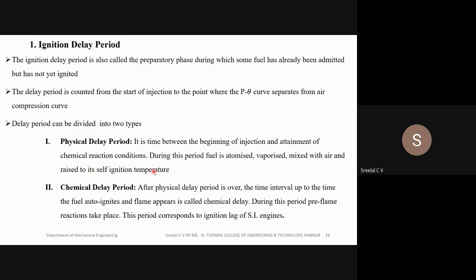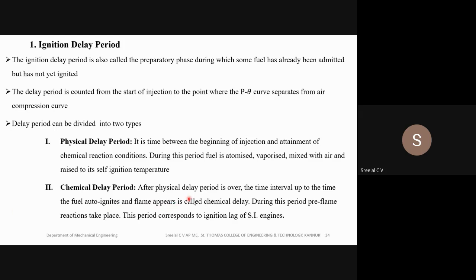Okay, and after the attainment of this self-ignition temperature, the chemical delay period starts. It can be defined as the time interval up to the time the fuel auto-ignites, or self-ignites, and the flame appears.